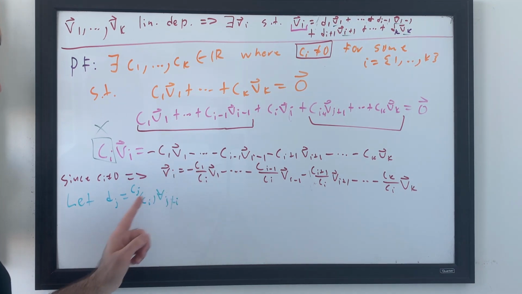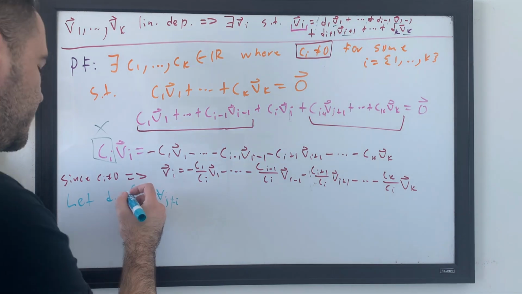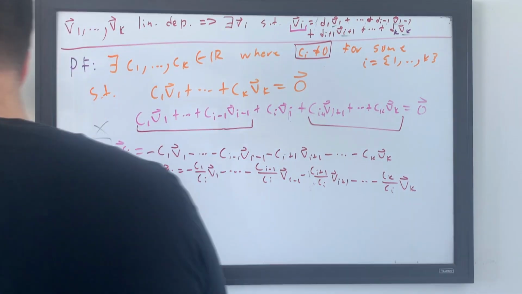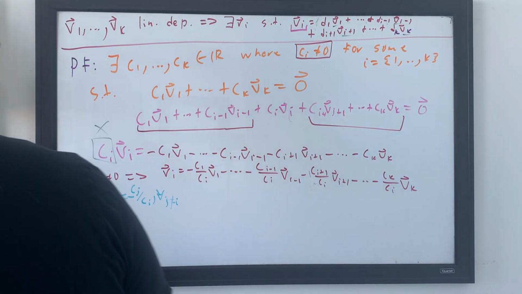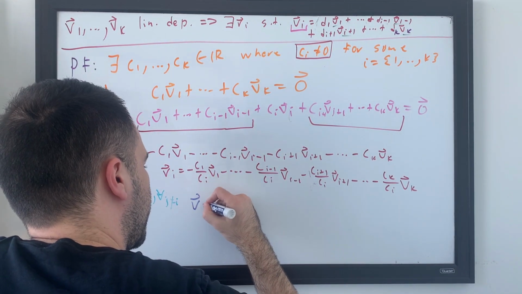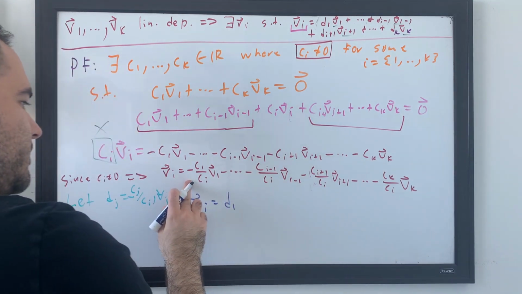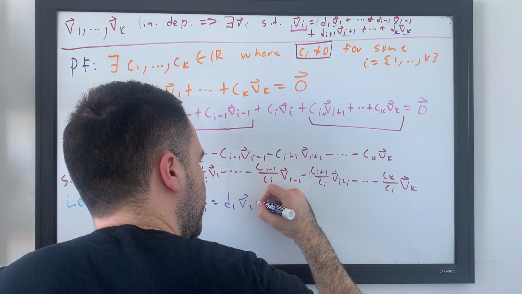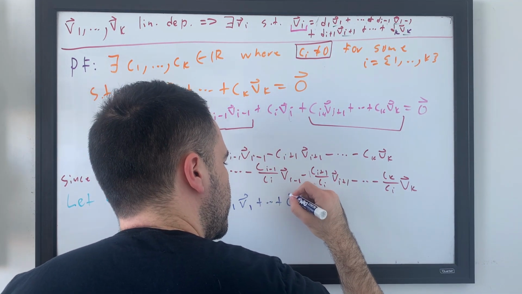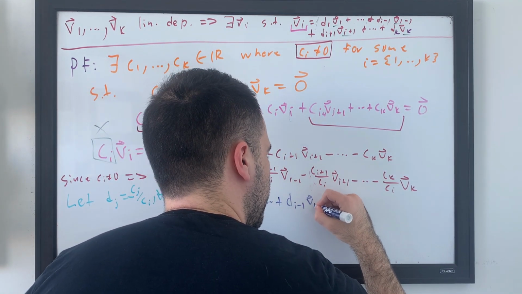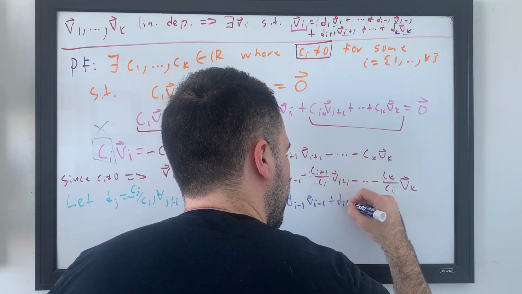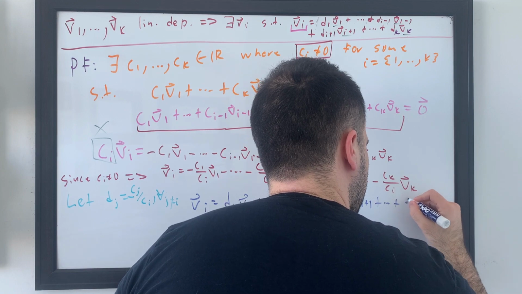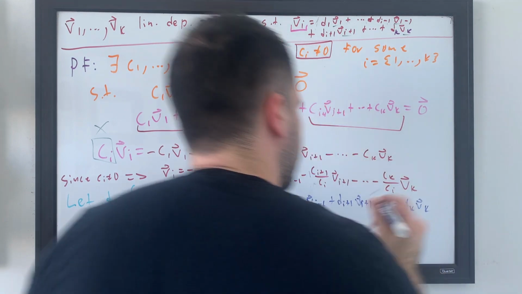For d1, I will now replace with minus c1 over ci. Now we have that vi is equal to d1 times v1 plus all the way to di minus 1 vi minus 1 plus di plus 1 times vi plus 1 plus all the way to dk vk.